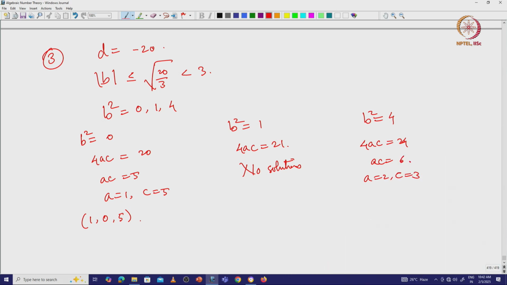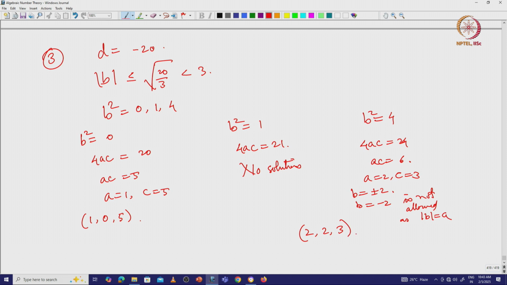Right. So, again the possible values of b is plus minus 2, but b is equal to minus 2 is not allowed, as mod b is equal to a, right. So, the only other possibility is 2, 2 and 3.